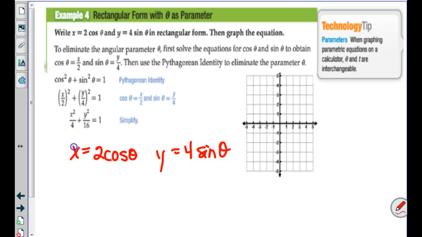Let me talk about y. How could I isolate cosine and sine? If I make this a t and I make this a t, are we going to be able to solve for t? What would solving for t look like? Okay, how do we get t by itself?